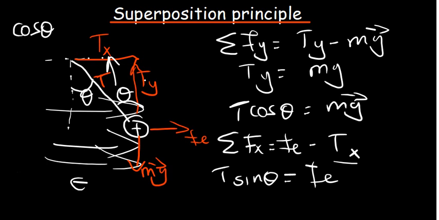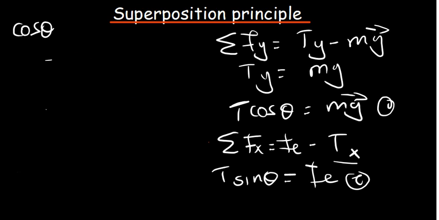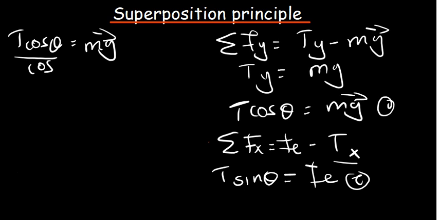Now I want to use the first and second equations. I can delete this so that we create some space here. If I make T the subject of the formula, I have T cos theta is equal to mg, so I divide both sides by cos theta.